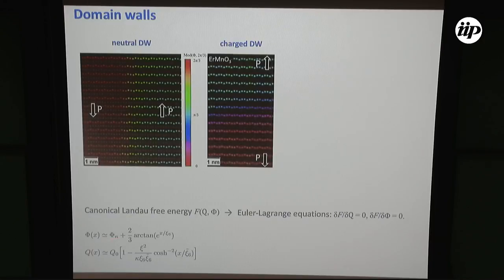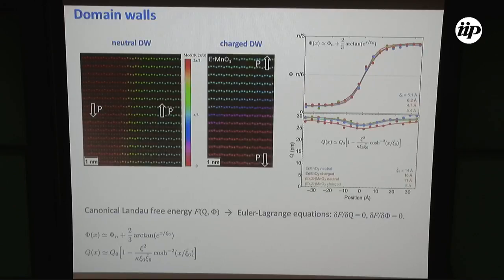But this approximation can be improved in a sort of perturbative approach, and this is the correction that you get to this approximation. Here is the profile of the amplitude of the trimerization order parameter. We can compare this to the experimental results.